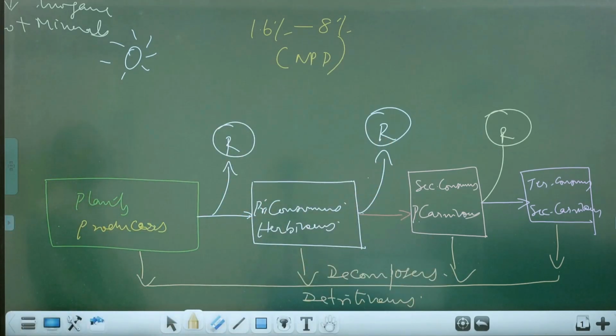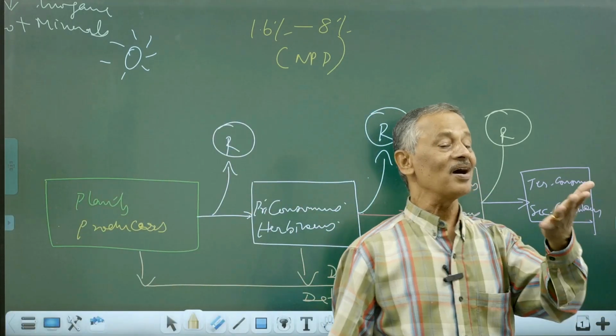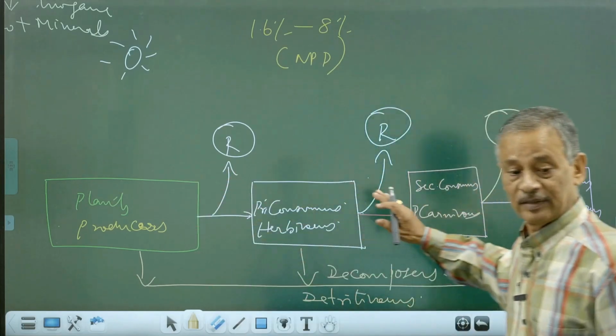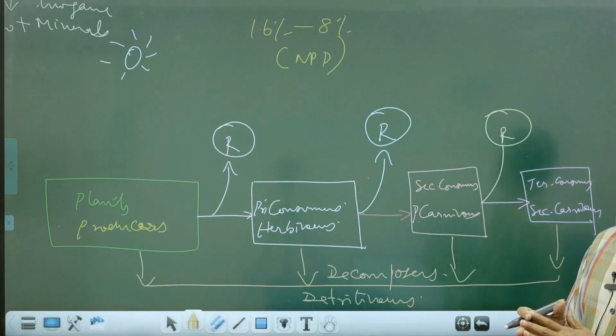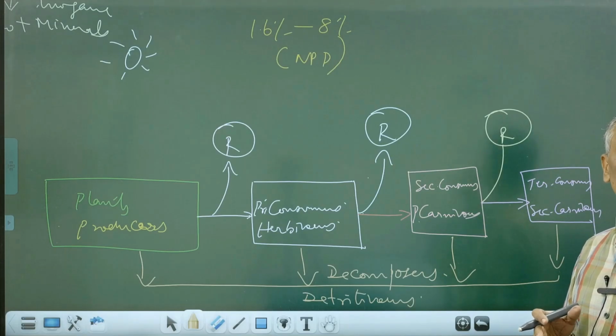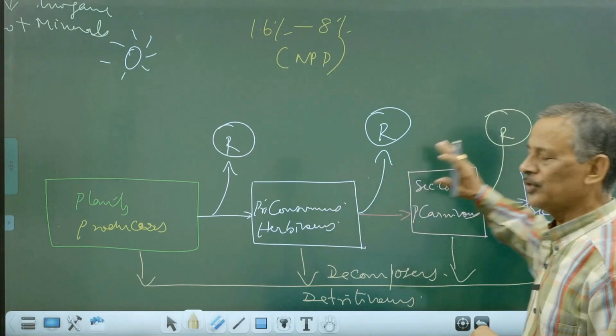So, energy flows through the ecosystem and never returns. It goes on decreasing. And there's a definite law stating that only 10% of the energy will be flowing from one to the next one.